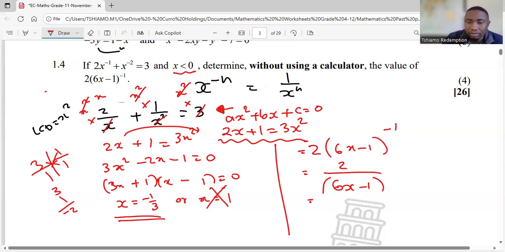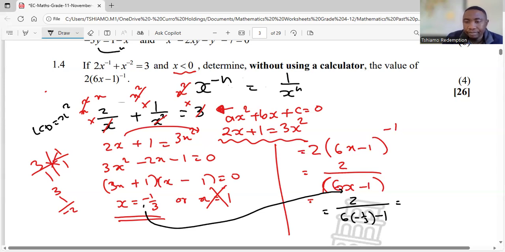And then what do we do from there? I would substitute x. Here, where I see x, I would put minus 1/3. Then this whole expression, put it on the calculator. Put that whole expression.